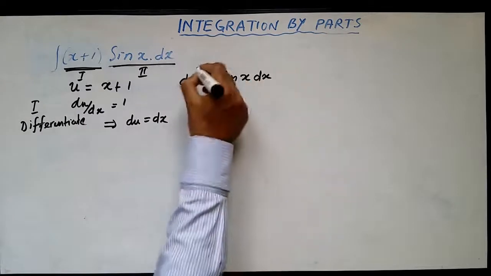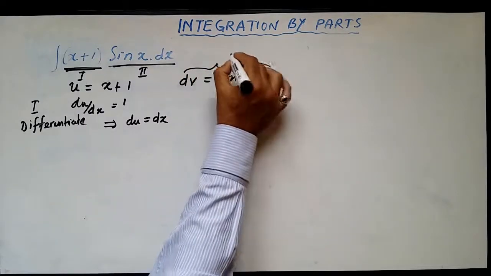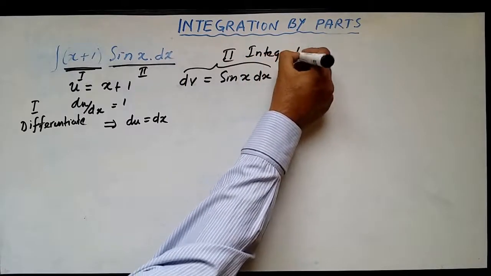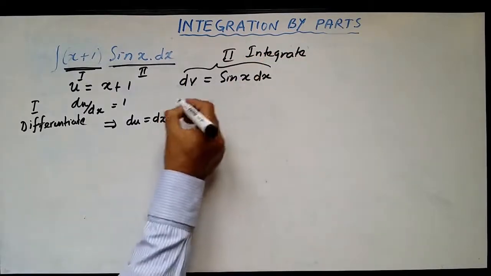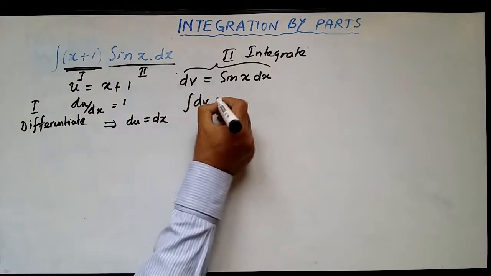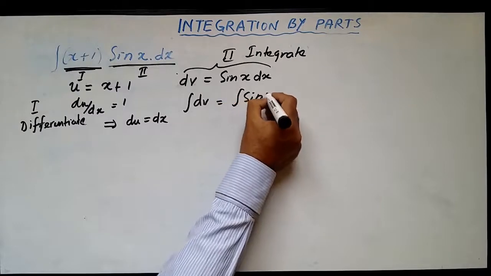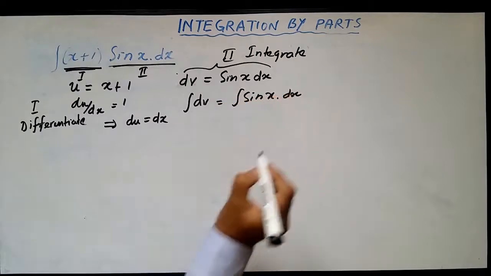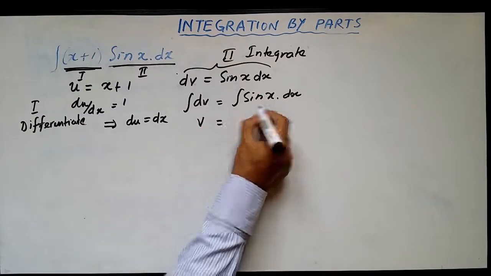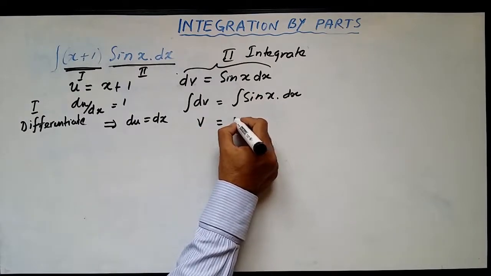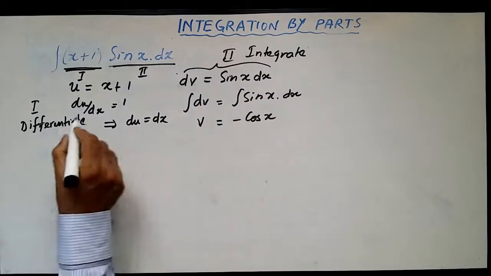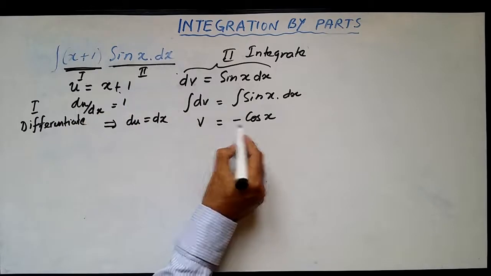And we will integrate the second part. Integration of dv gives back the function v, and integration of sine x, as we know, is minus cosine of x. So now we have u equal to x plus 1, v equal to minus cos x.